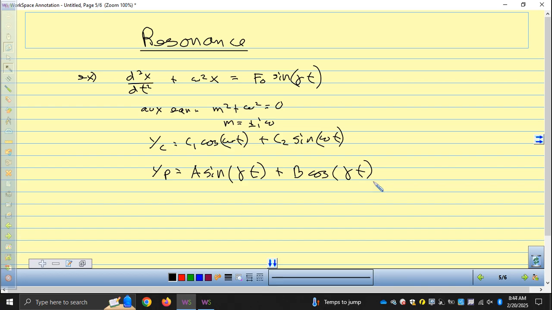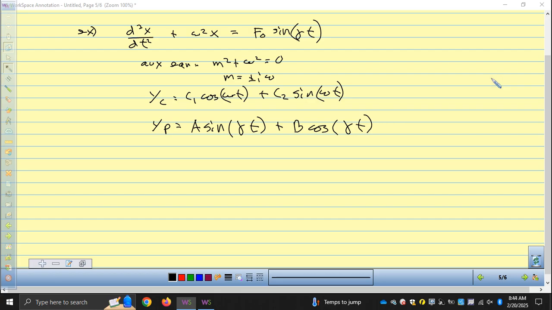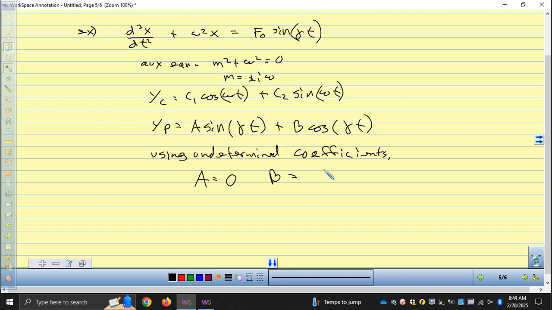And we can take our derivatives. This is not a difficult undetermined coefficients problem. We would find that A is 0 and B is f sub 0 over omega squared minus gamma squared.